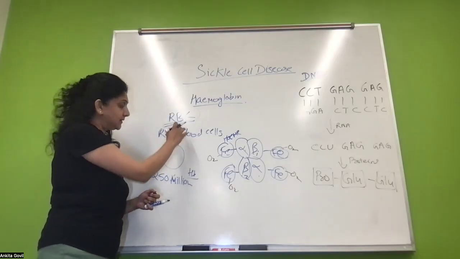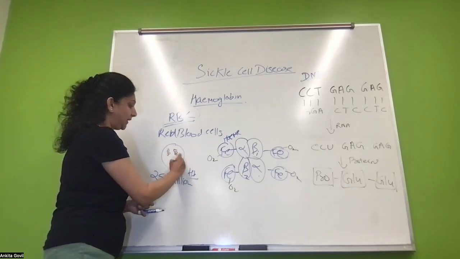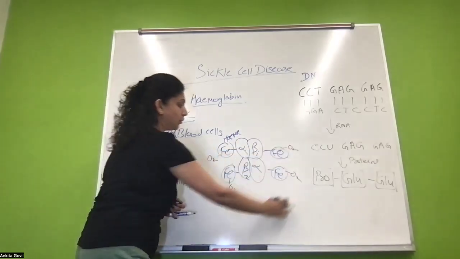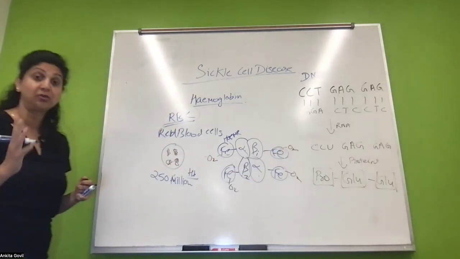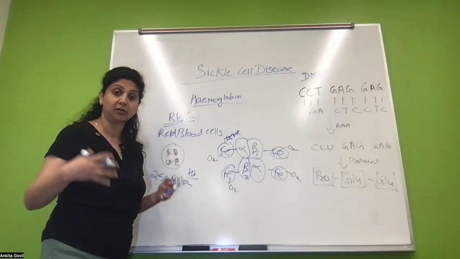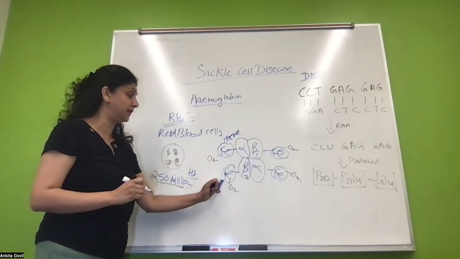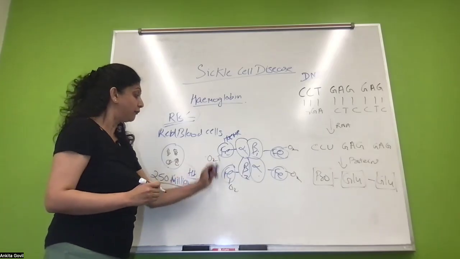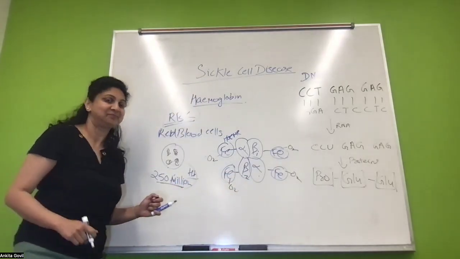Each red blood cell carries so many molecules of hemoglobin, and one hemoglobin molecule carries four molecules of oxygen. So you can imagine how much oxygen our total blood is carrying throughout the body. If one red blood cell can carry 250 million hemoglobin and one hemoglobin can carry four molecules of oxygen, isn't it a lot?